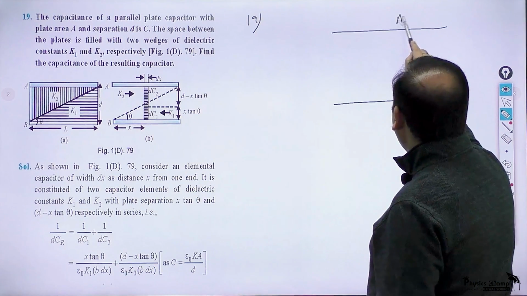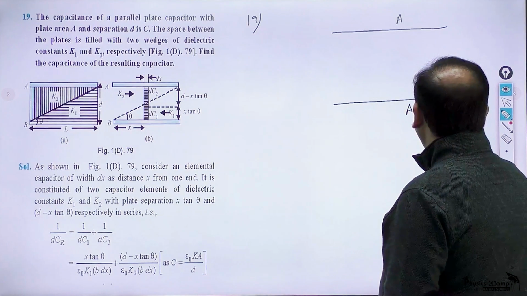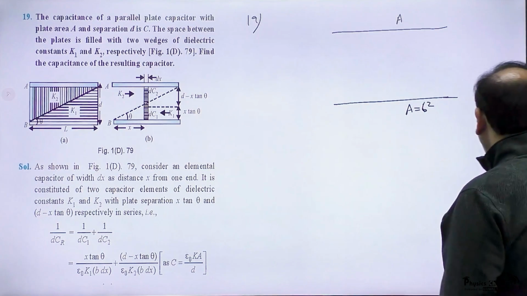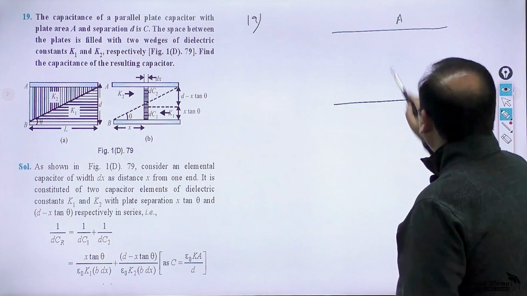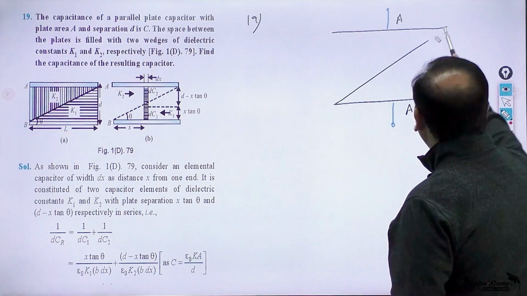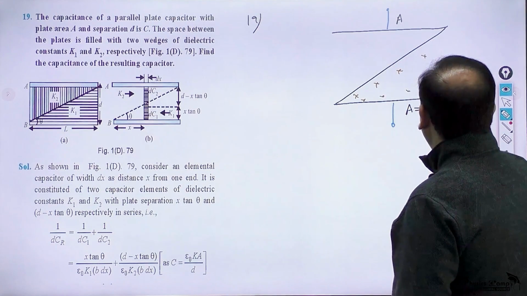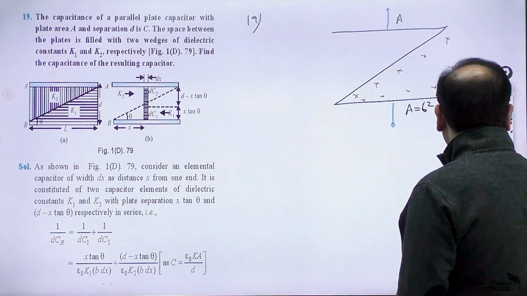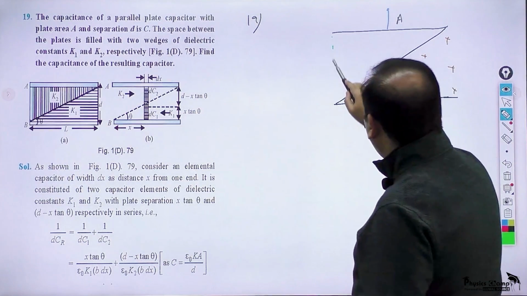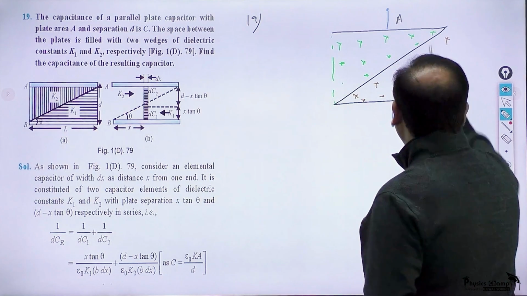with area of each plate as A. Let A be b square, so let each side of the plate be b here. The arrangement is such that the separation between the plates is filled with dielectric constant K1 diagonally on one side, and filled with dielectric constant K2 diagonally in the other portion.